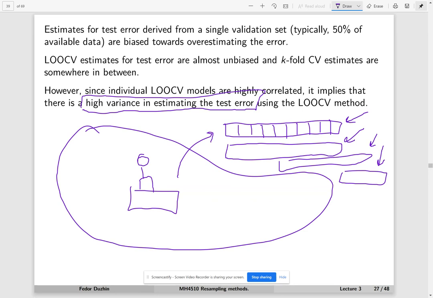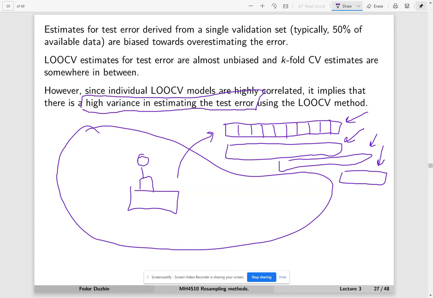Because of this, the leave one out cross-validation estimates would be highly variable. The problem is that we cannot really see it in practice. We can see it when we simulate the data set, but in practice the true population is not available. But hypothetically, this is the case.